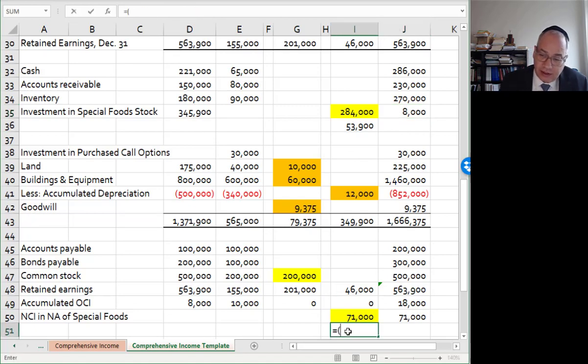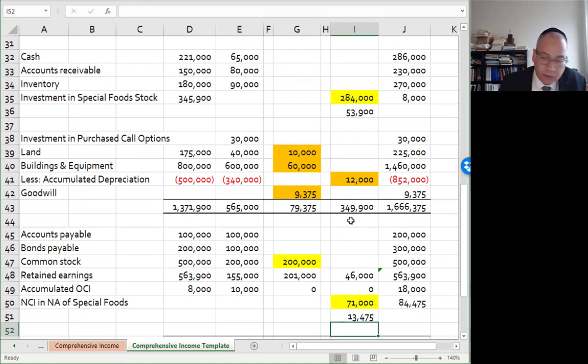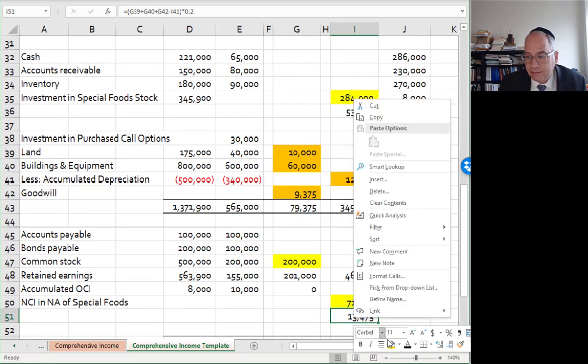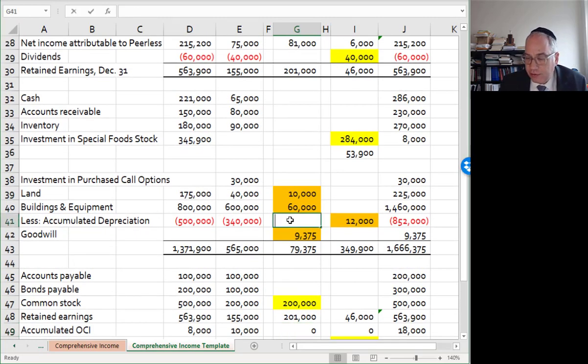And 20% of this is going to be credited to the non-controlling interest. $13,475 I get. Then I've got my accumulated depreciation entry of $300,000.